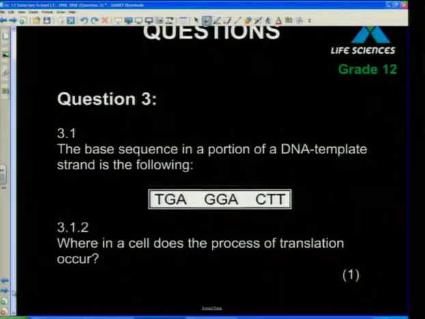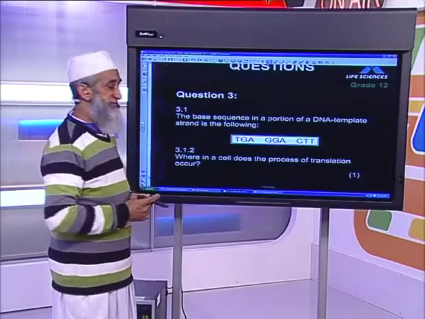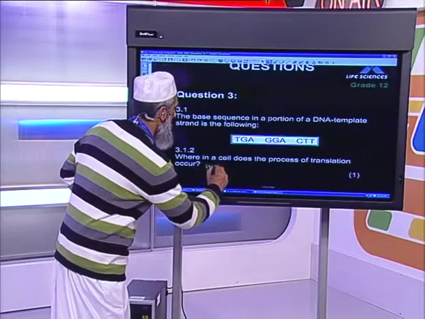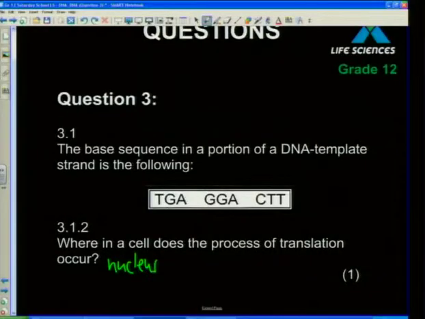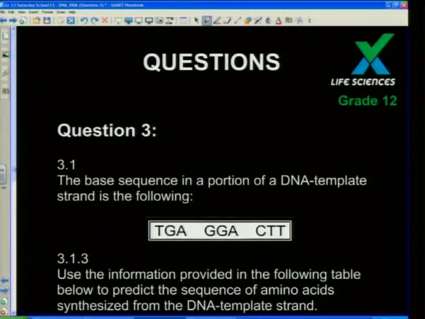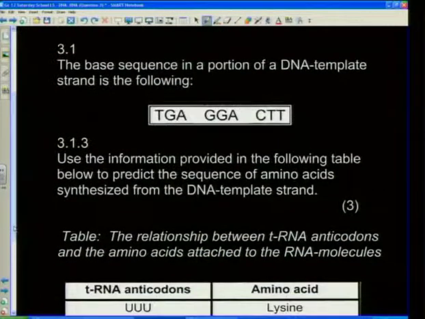Where in the cell does the process of translation occur? I'd answered that already for you. This takes place in the nucleus, more specifically in the nucleoplasm. We're still with the same question. Now, remember, we still have this here with us, because this is part of the question.